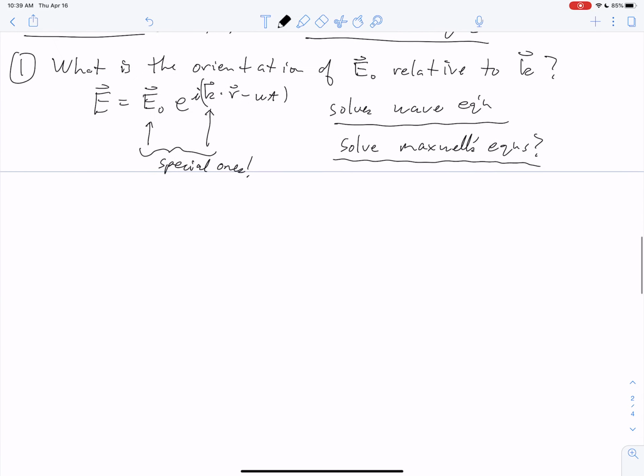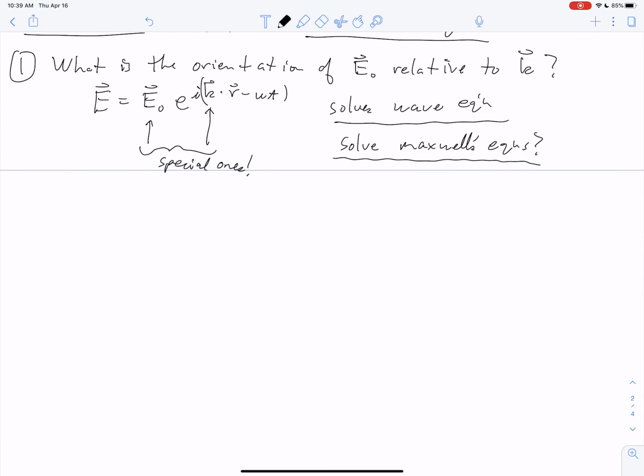And let me show you how that is true. It's really quite simple to see. You'll see that in a moment. Let's consider this Maxwell's equation. So if we have a wave in a vacuum, then one of the Maxwell's equations is del dot E equals what?